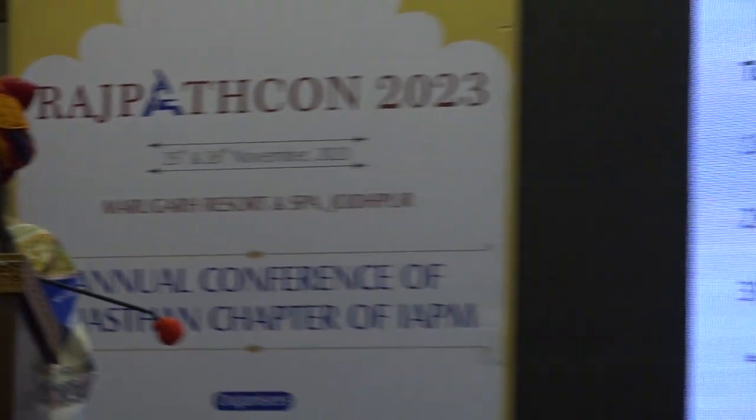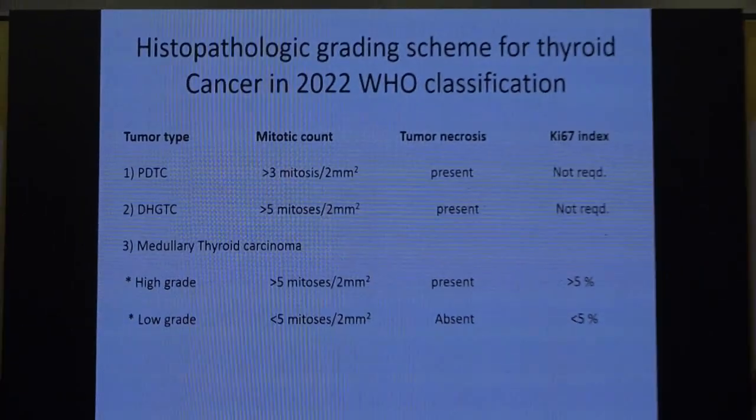Then they have introduced the grading system for thyroid neoplasms. Especially for 3 tumors, that is poorly differentiated carcinoma, differentiated high grade thyroid carcinoma, and medullary thyroid carcinoma. For the poorly differentiated and differentiated high grade thyroid carcinoma, they have used 3 parameters, that is mitotic count, tumor necrosis, and Ki67 index.